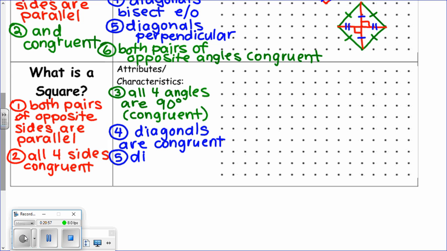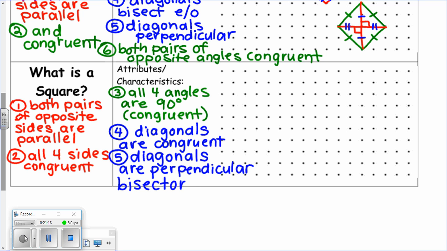So that means when the two diagonal lines meet, they are perpendicular. That means they are going to meet at a 90-degree angle. So we should be able to mark that where our two lines meet. The two diagonals are also bisecting each other, so we can call them perpendicular bisectors. Remember, bisect just means we're cutting into two equal pieces.